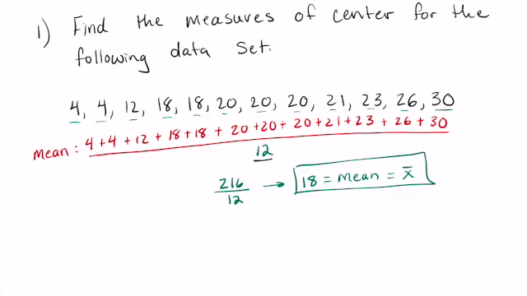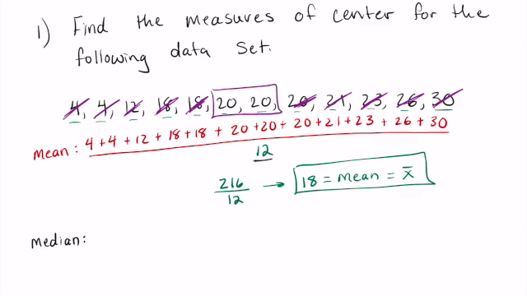So now what I want to do is find my median. My median is my middle number. So I'm going to start crossing off all of my numbers from each end until I wind up with the number in the middle. I'm going to cross off, cross off, cross off, and I'm going to keep that pattern until I wind up with either 1 or 2 numbers in the middle.